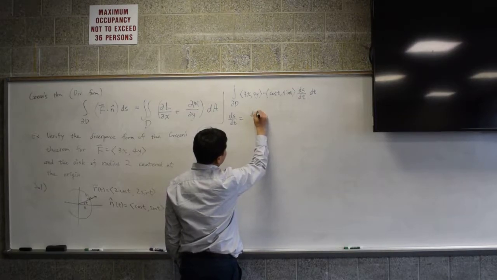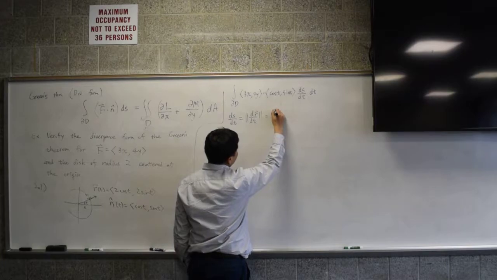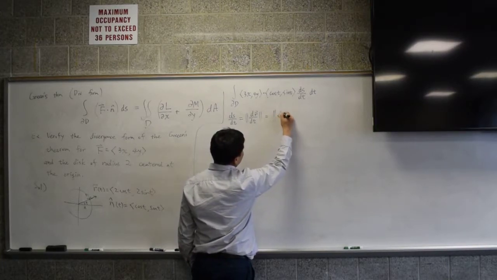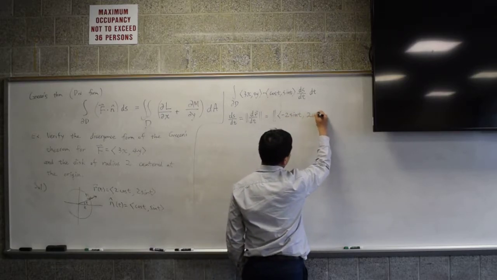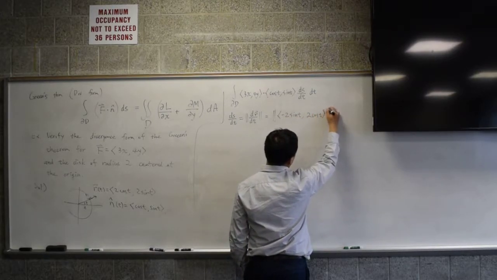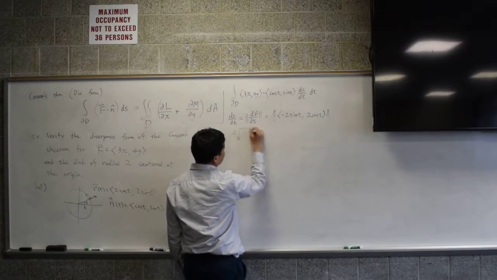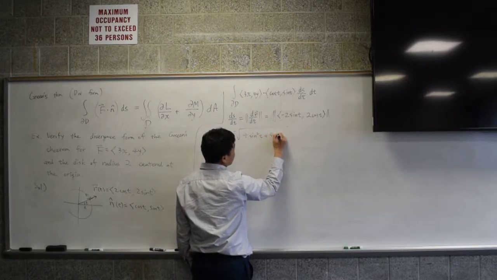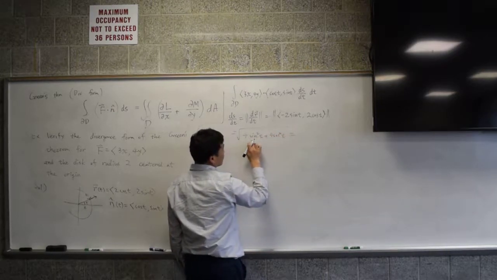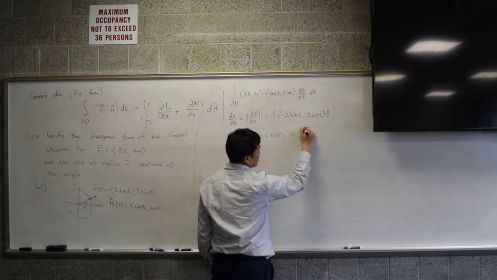ds/dt is the norm of dr/dt, which is the norm of negative 2 sine t, comma 2 cosine t, which is the square root of 4 sine squared t plus 4 cosine squared t. Sine squared plus cosine squared, that's 1, isn't it?